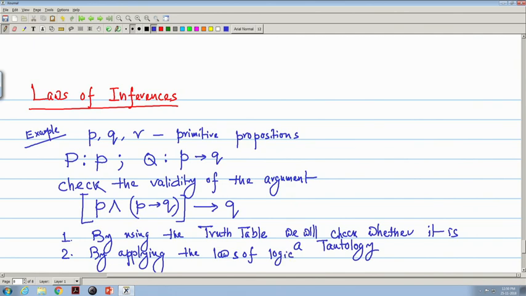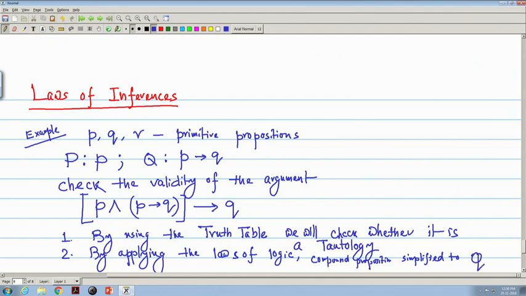And we can say whether this implication is true or not, or whether the left hand side compound proposition simplifies to q or not.